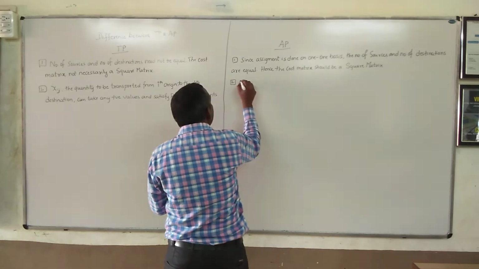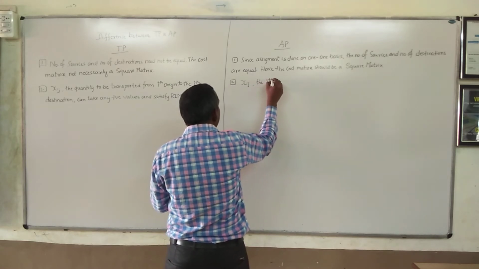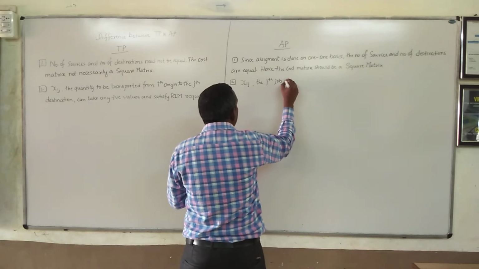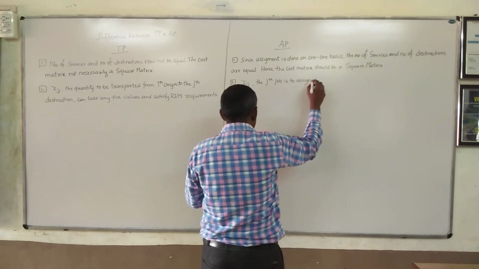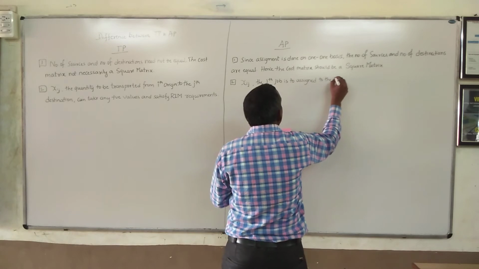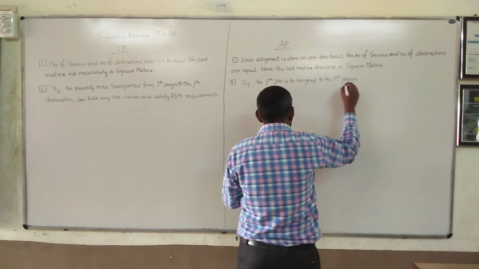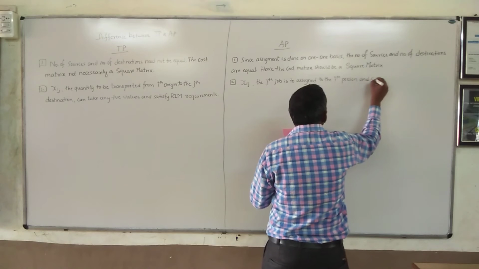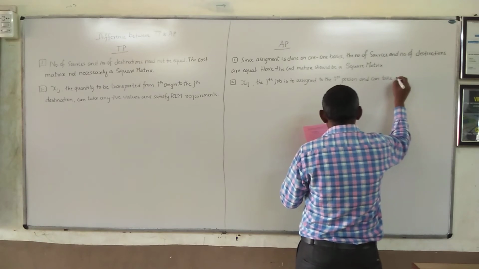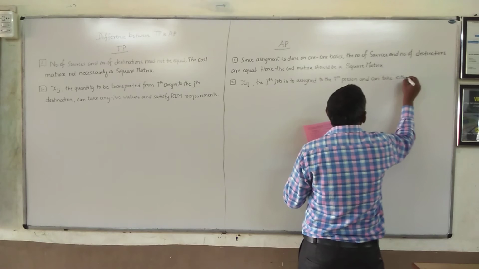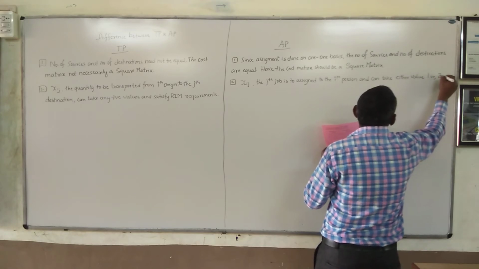Here it is Xij, the jth job is to be assigned to the ith person and can take either value 1 or 0.